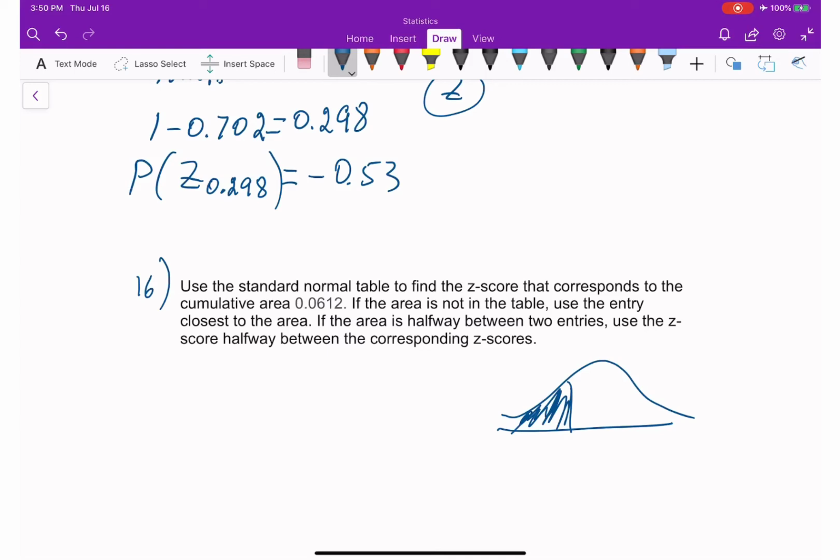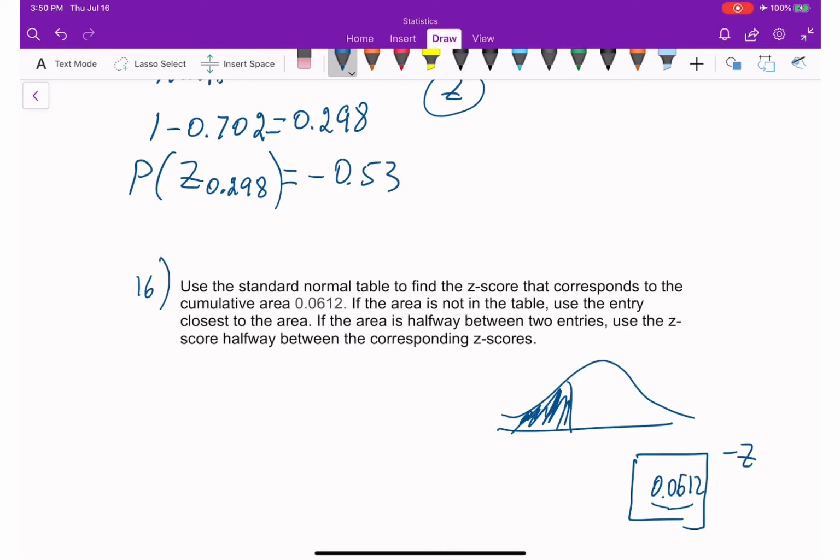So if we go to the table, you need to find the closest number to 0.0612. Which table will you go to? Of course, you will go to the negative z-score table because you have 0.06, which is 6%. It's less than 50%, right? From 0 to 50%, the negative z-score table is serving. From 50 to 100%, the positive z-score table is serving.